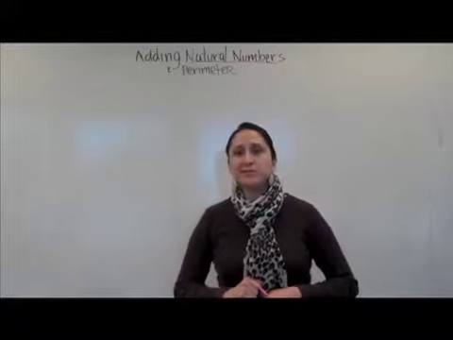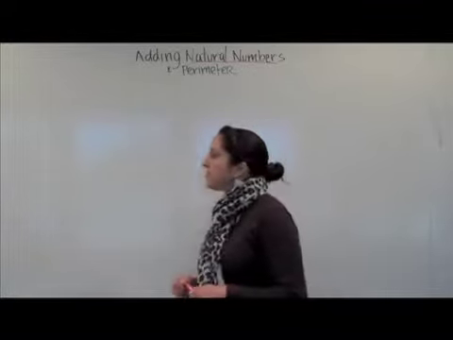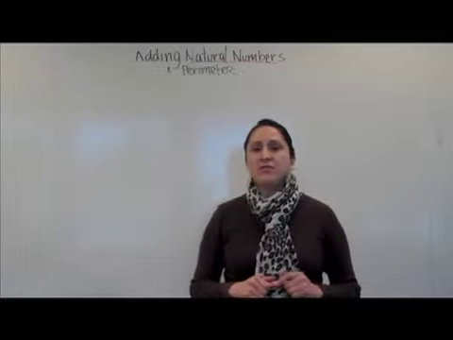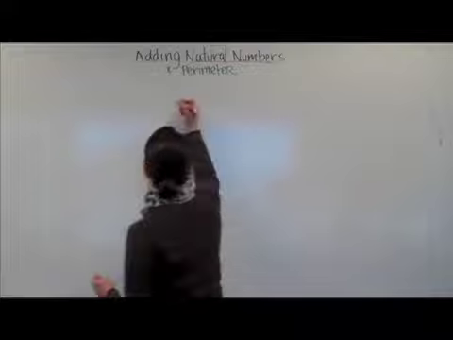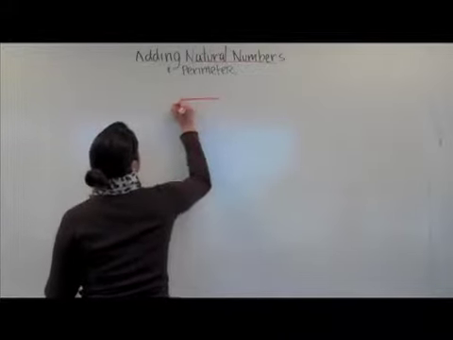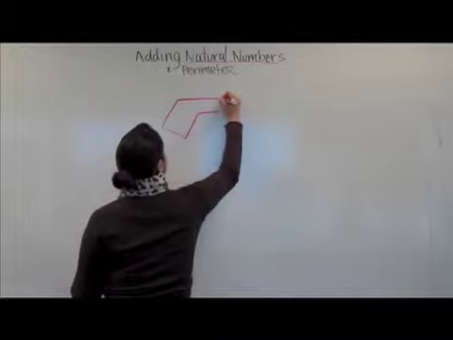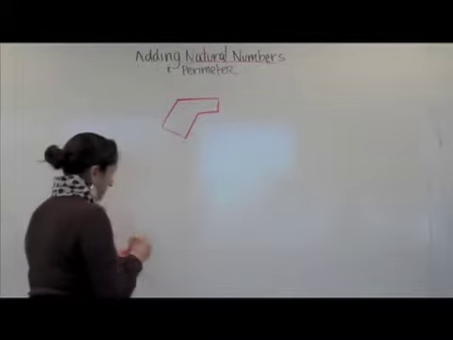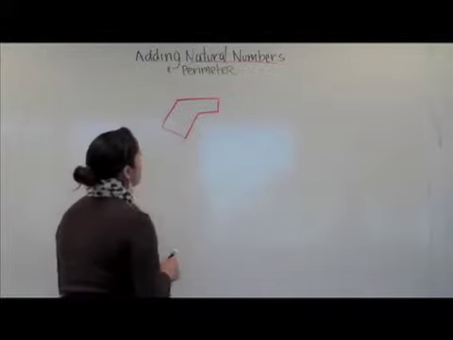A perimeter is the sum of distances. What I mean by that is, say you have any polygon, any shape. Take this shape, for example, and we knew the distances around it.